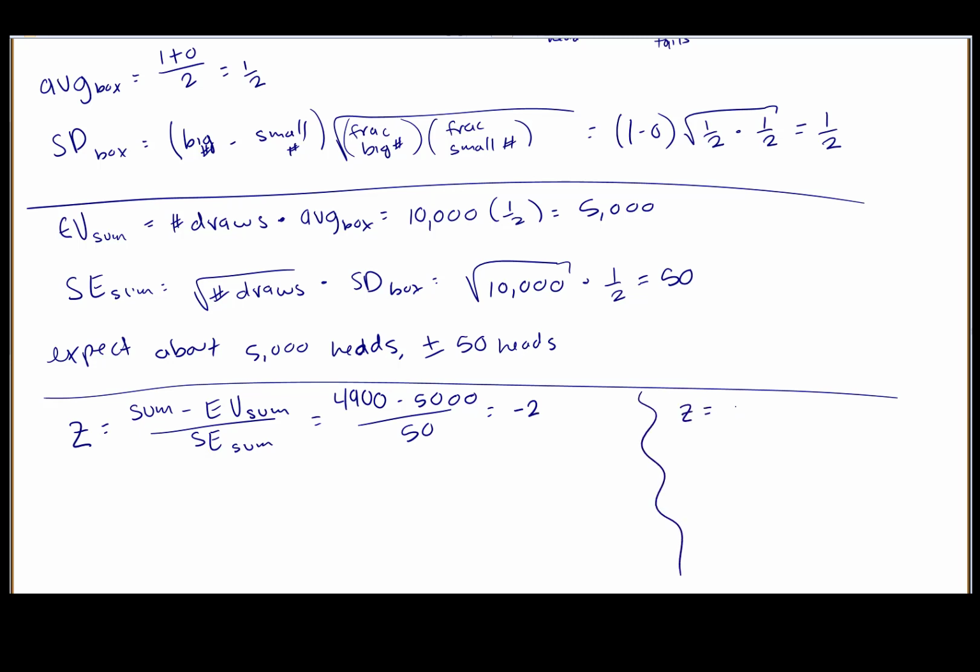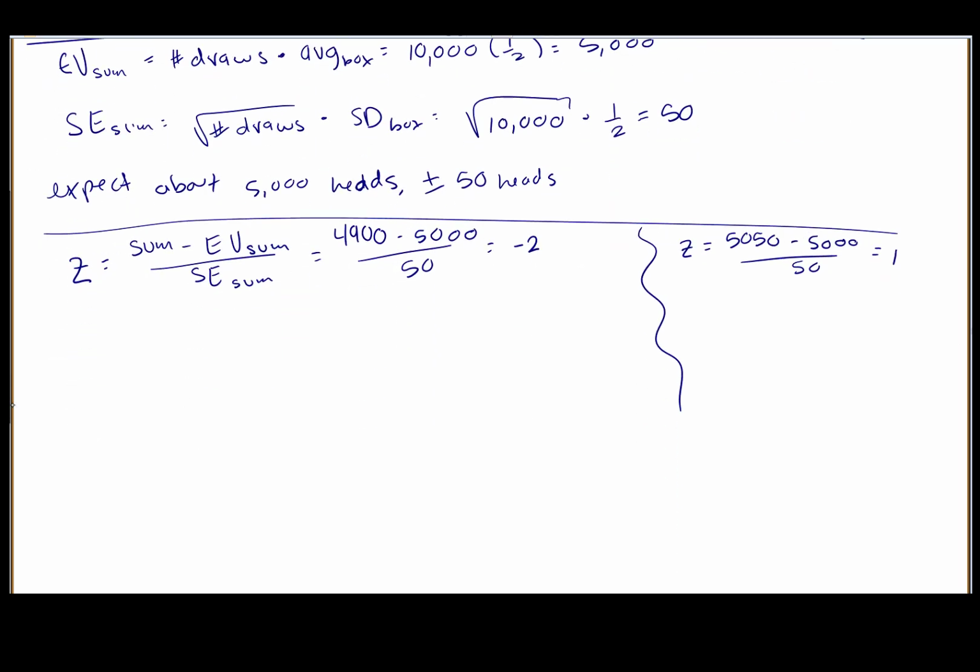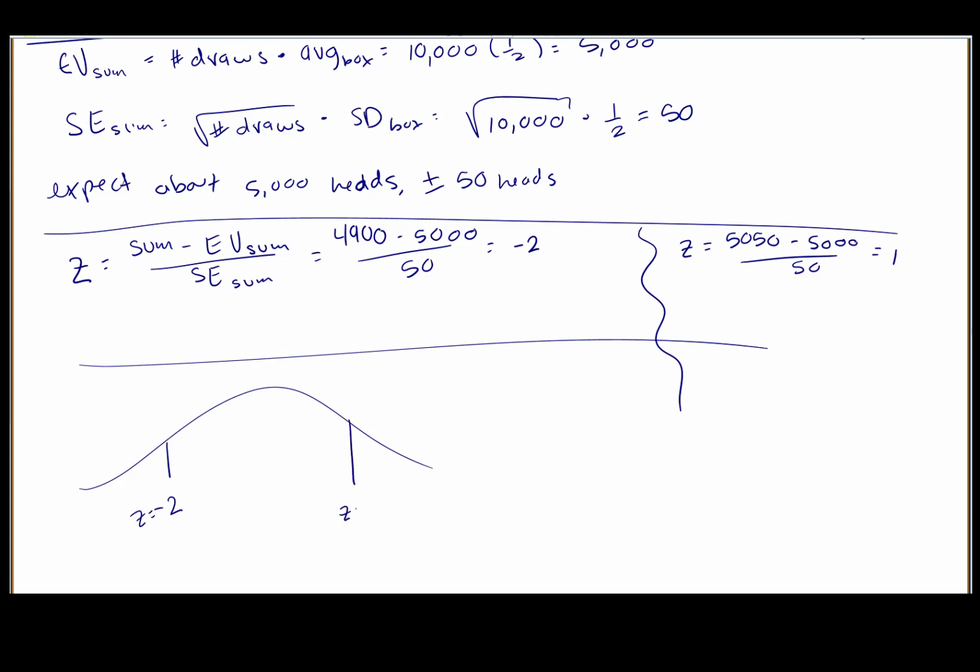My other z-value is 5,050 minus 5,000 over 50, which gives me 1. If I draw my picture, here's z equals negative 2, here's z equals 1, and I want the area in between.